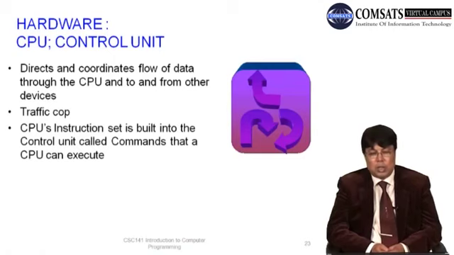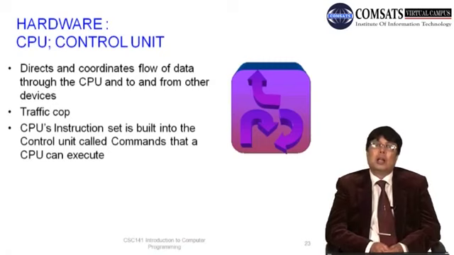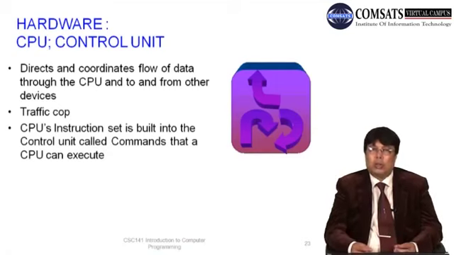The CPU instruction set is also built into the control unit. Every CPU can execute certain instructions. These instructions are already built into the computer, meaning they are predefined instructions available in the computer.